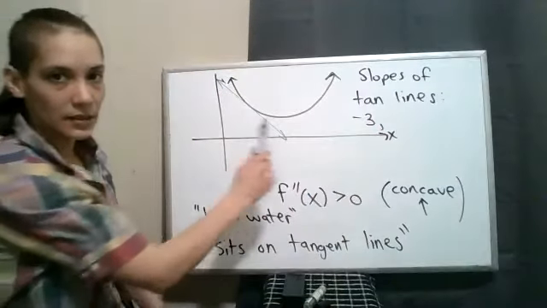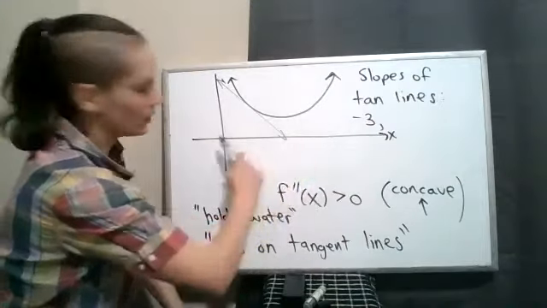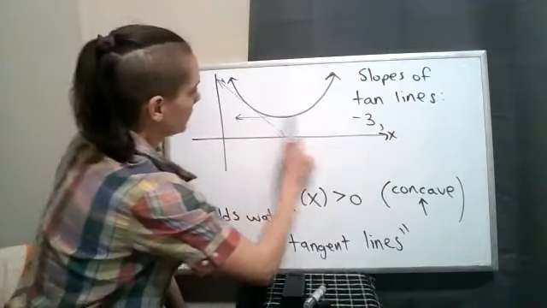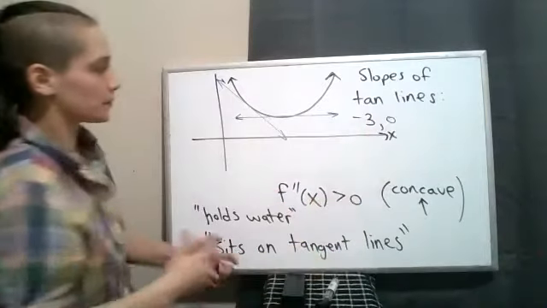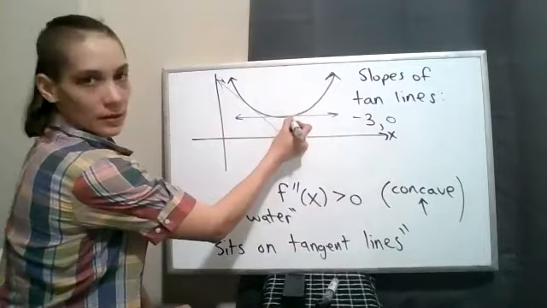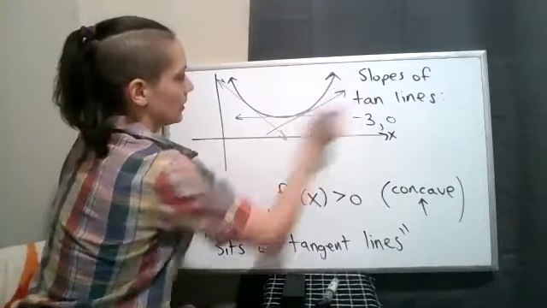Next tangent line, let's go with a flat line with slope 0. Next one, let's say that has a slope of 1, right there.